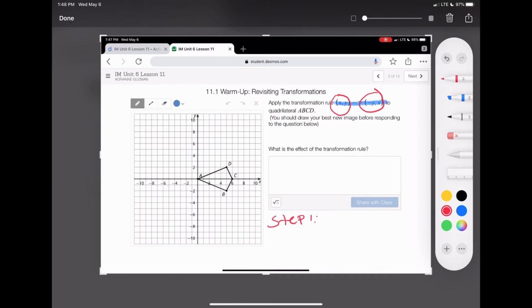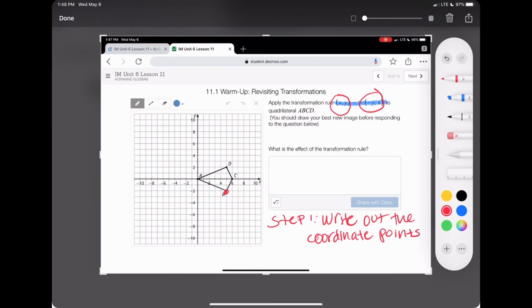Step 1, locate or find the coordinate points of each of these points here. So I would say maybe write out the coordinate points. So for instance, I could do B here.